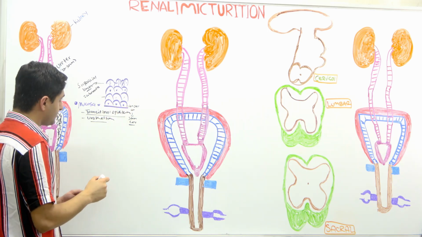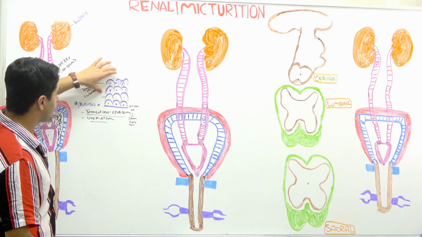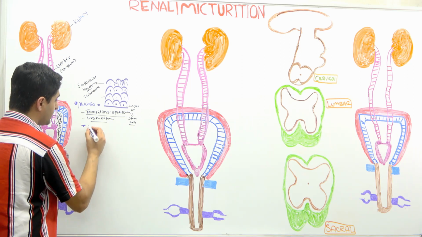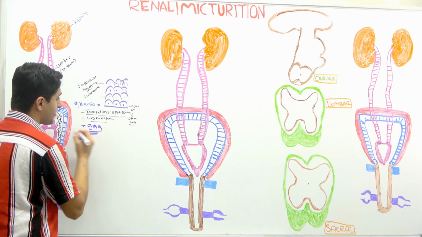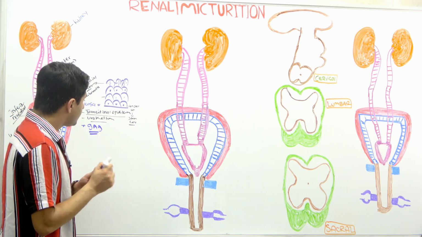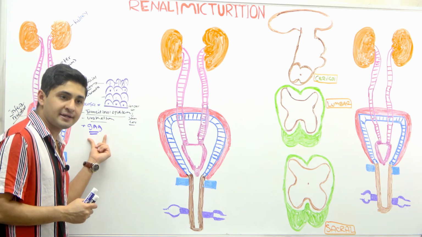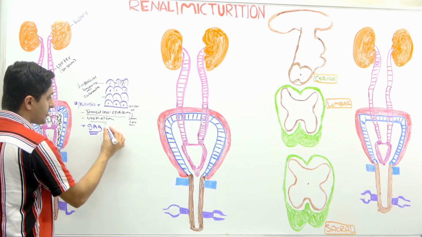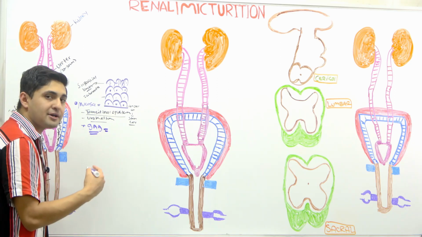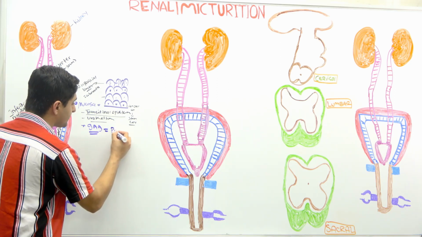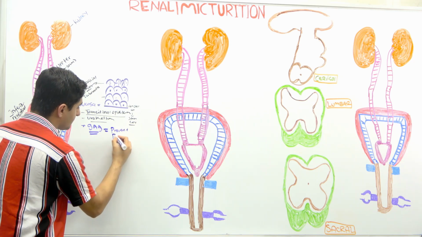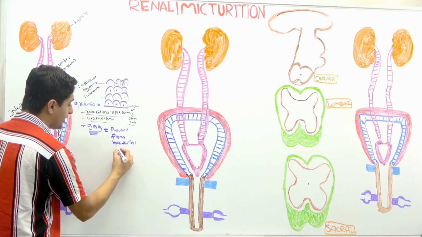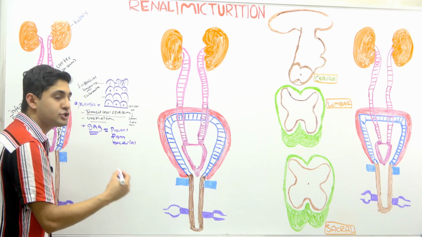One more very important thing is that this urothelium secretes glycosaminoglycans. The reason it's important is that they prevent bacterial growth, so basically they are preventing urinary tract infections.